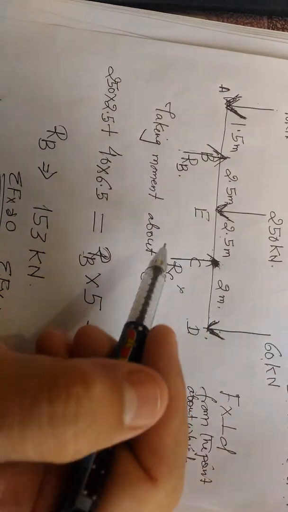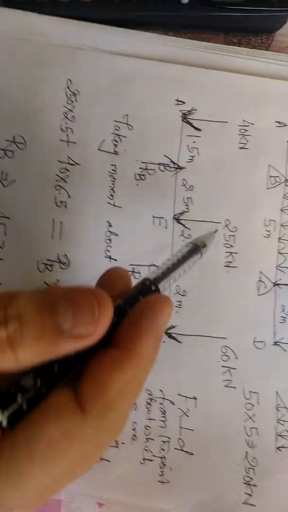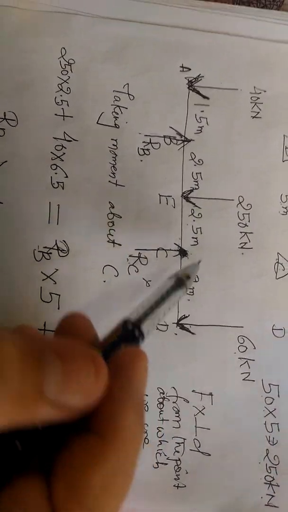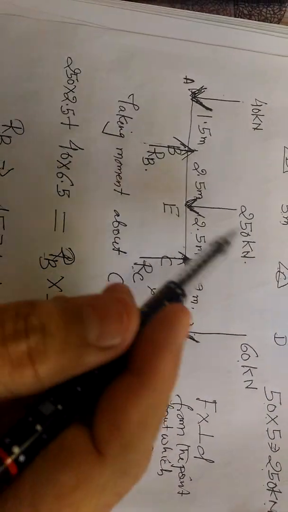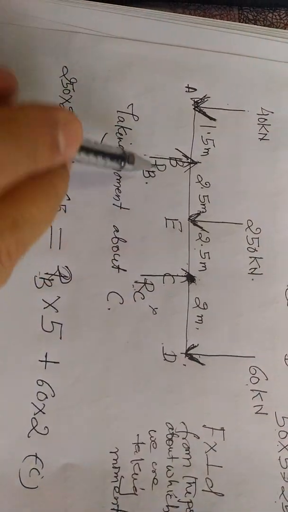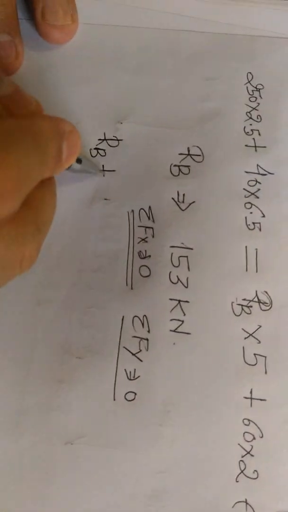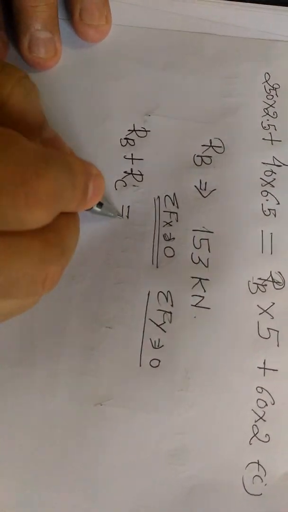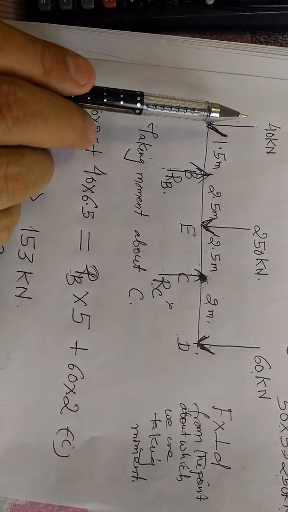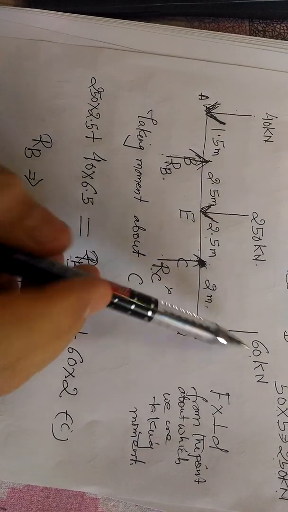That means the upward forces are positive and the downward forces are negative, or we can write net upward forces equal to downward forces. The upward forces are RB and RC. So RB plus RC is equal to the total downward force. Total downward force is 40, 250 and 60 kilonewton.